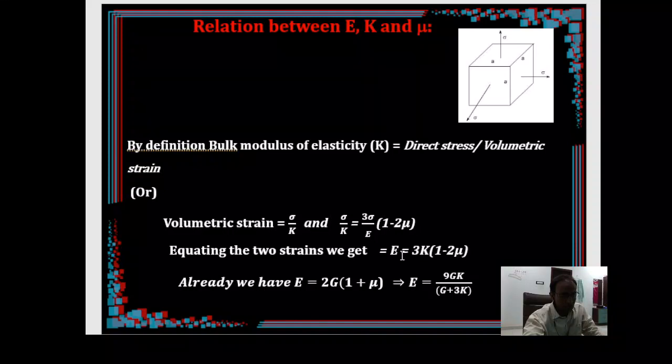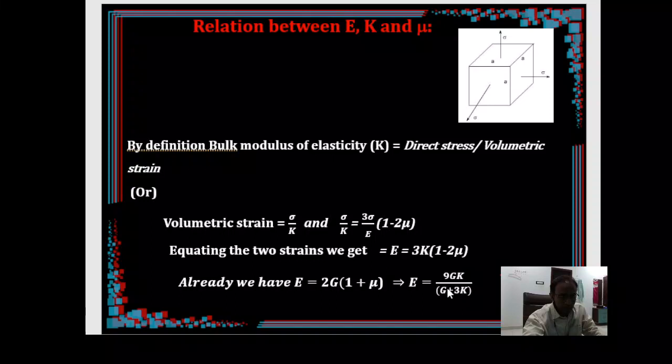Suppose I want a relation between E, K, mu, this is the equation, but if I want a relation between E, K and G, which is called shear modulus, then we can take mu out and bring the G value into the picture.